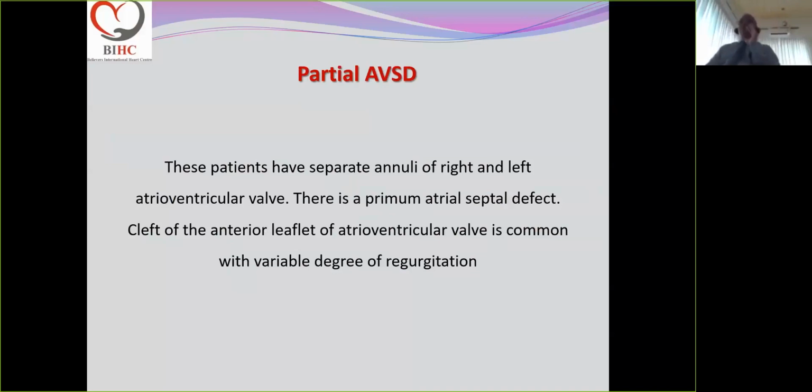There is an ostium primum ASD. The two AV valves are divided and attached, but the anterior leaflet of the mitral valve always will have a cleft as the reminder that this is an AV canal defect. So a cleft anterior mitral leaflet with variable degree of mitral regurgitation is an integral part of ostium primum ASD.